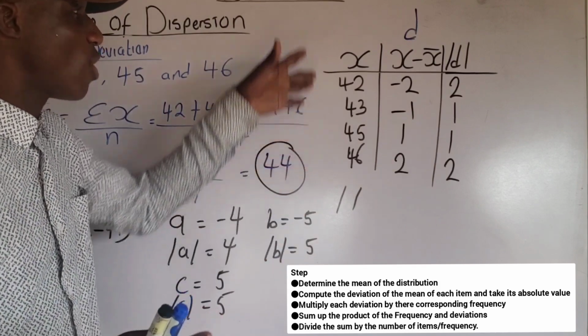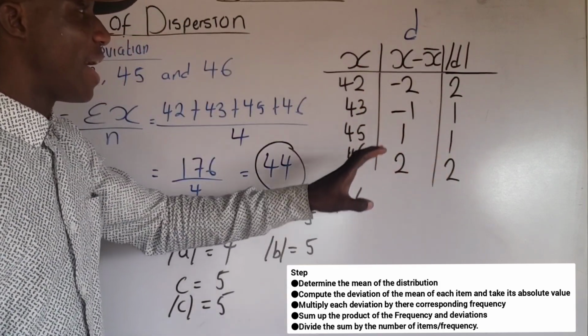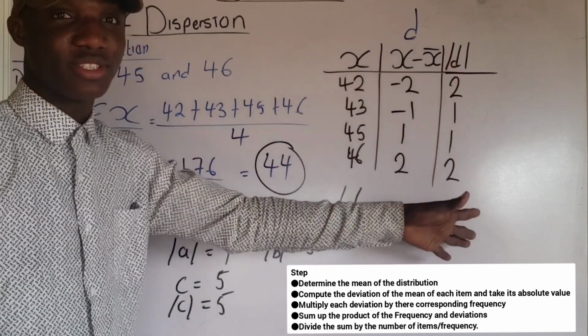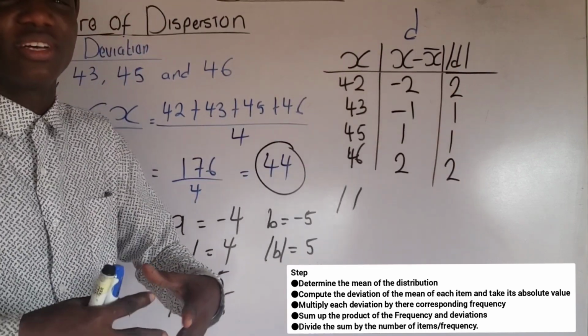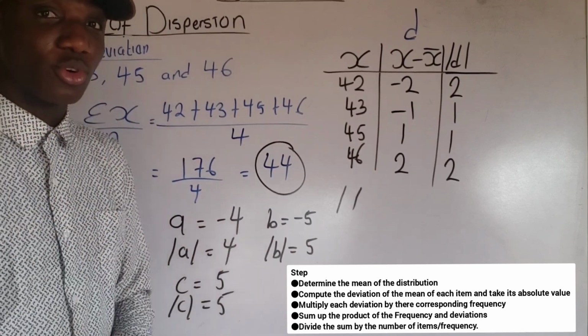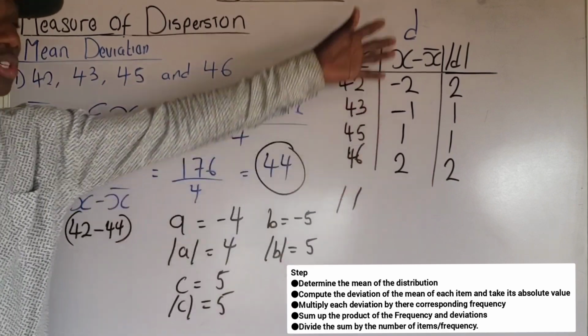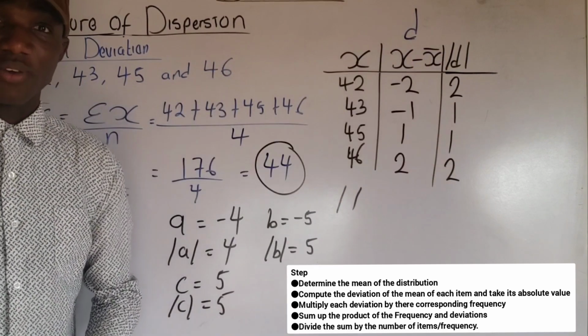By the time I take the product of the deviation and the frequency of each sample, I'm still going to have the same values. So when you are dealing with ungrouped data, it doesn't really matter taking the frequency, unless it is grouped. If it is grouped, you need to take the product. But this is ungrouped data, so there is no need of taking the product because the product is the same thing as the deviation.